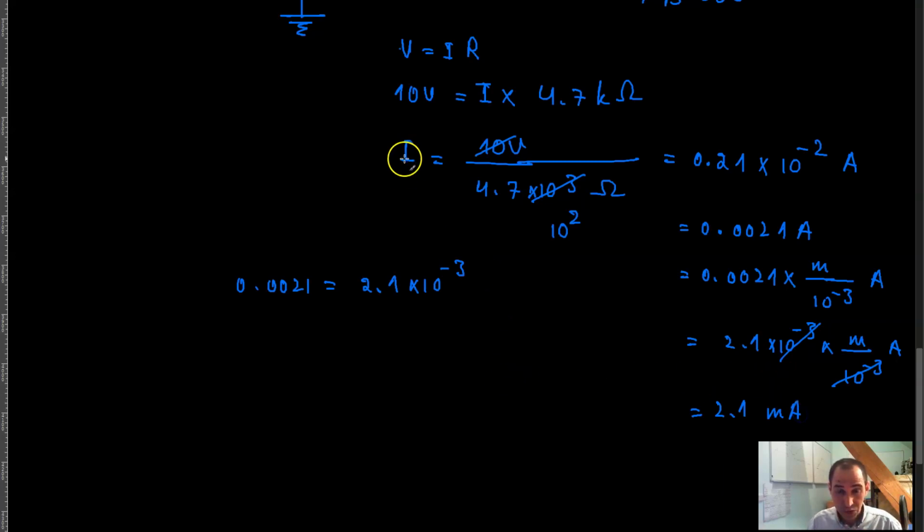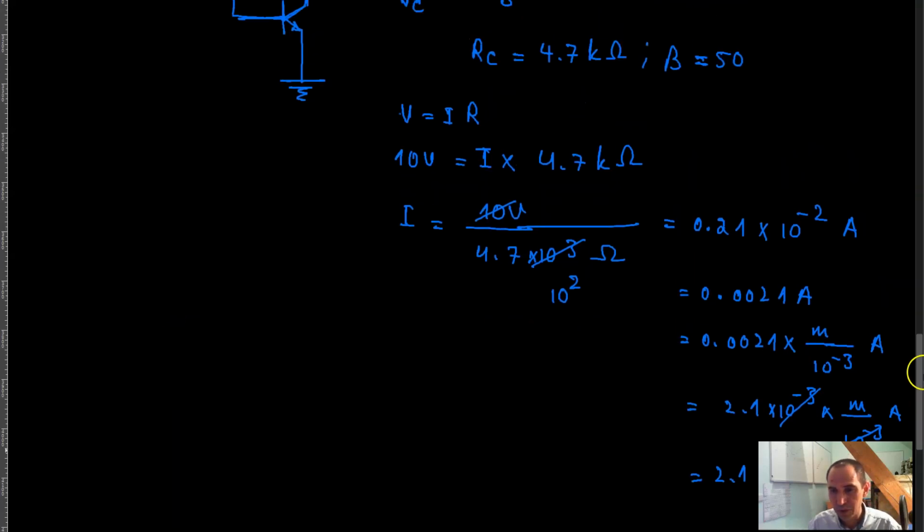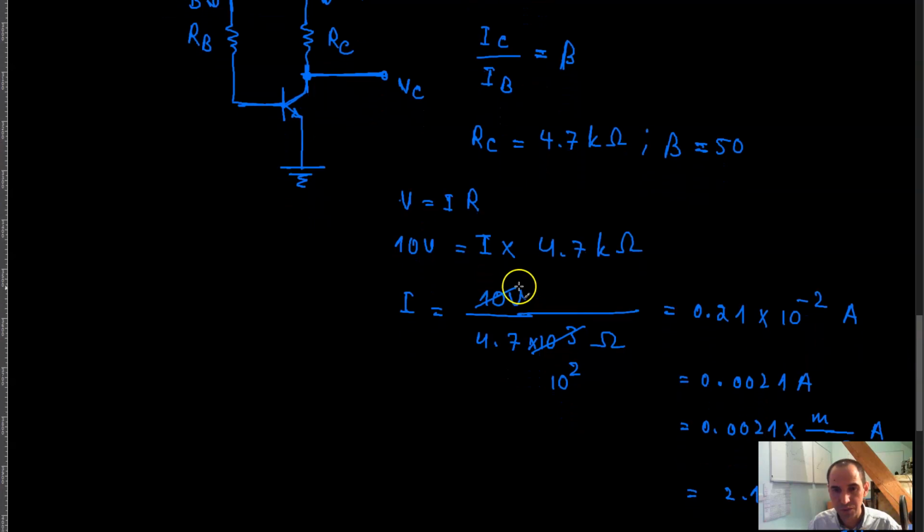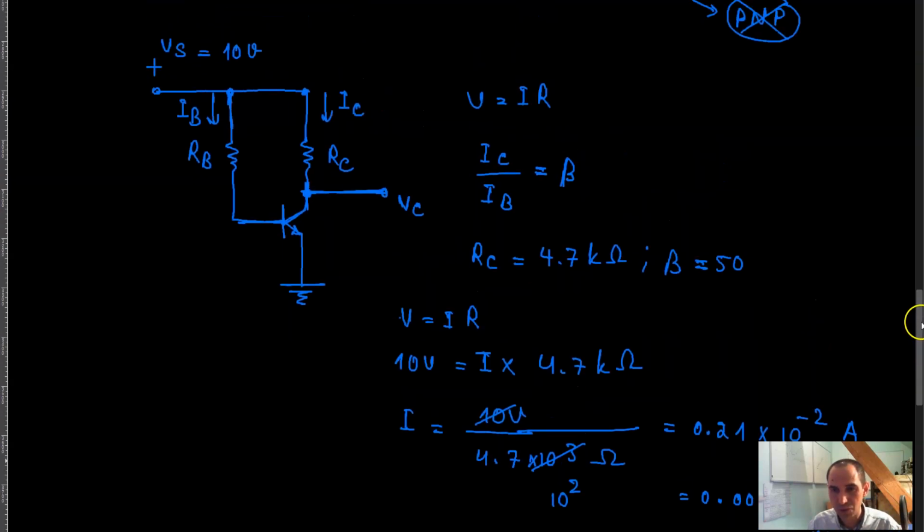So that means that the current that I need to go through this resistor over here is supposed to be 2.1 milliamps, right?